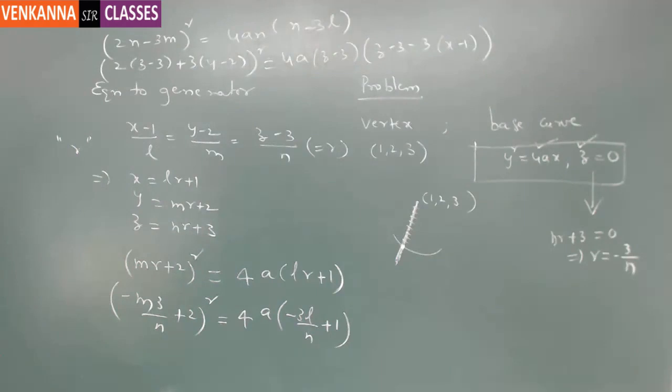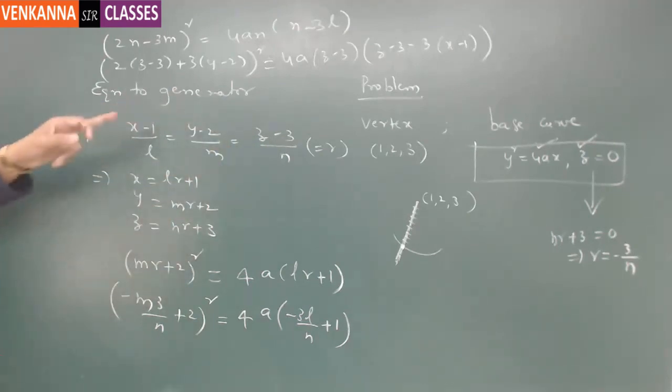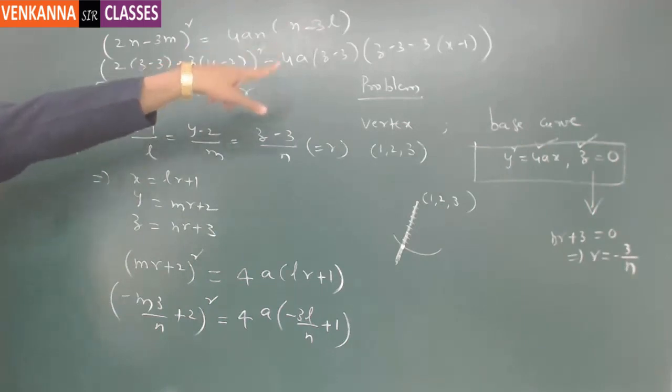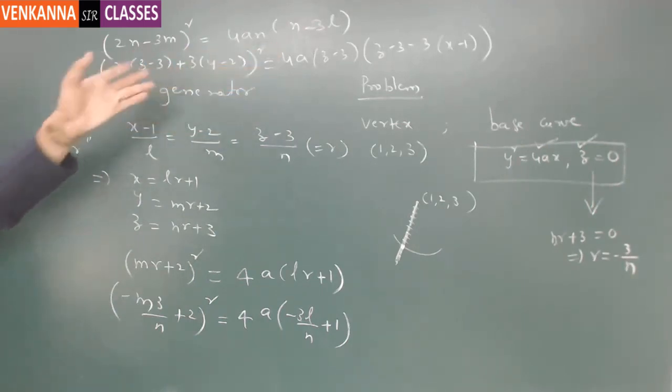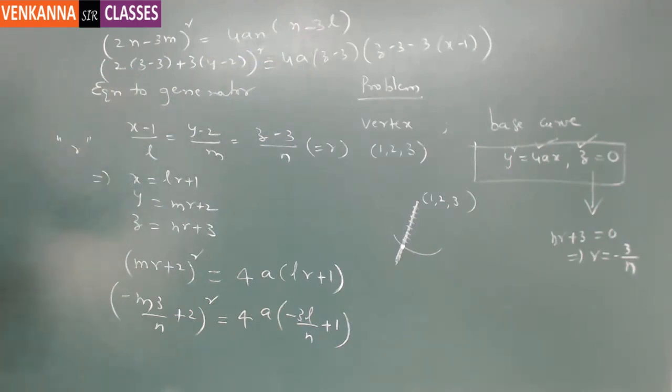I have taken the values of l, m, n as x minus 1, y minus 2, z minus 3, from the generator. The rest is just simplifying this equation. Expand it using (a minus b) whole square, (a plus b) whole square, and simplify, and you will get the required equation of the cone. That's it.